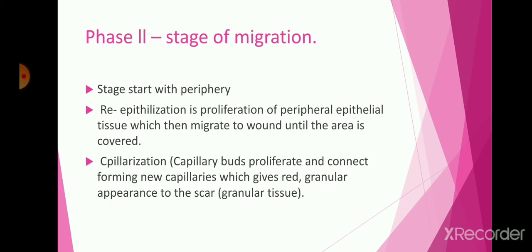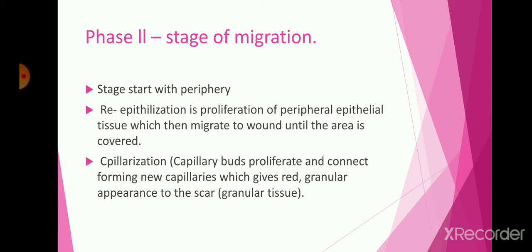So the stage of migration is responsible for replacing the damaged tissue with healthy tissue. The stage starts with the periphery. We know that the injury site is recovered at the periphery first, then it goes inside, and all this injured site gets regenerated.